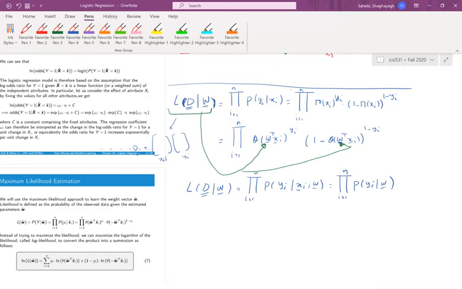What do we want from W's now that I have defined the likelihood of my data in terms of W? We want to find the W's such that if I calculate the likelihood of my data with those W's, that likelihood is as high as possible. I want the probability that I see each of my data points with that W to be very high, because I have already seen these data points.